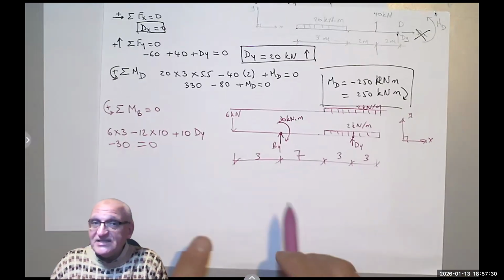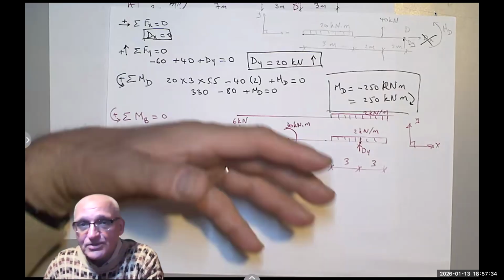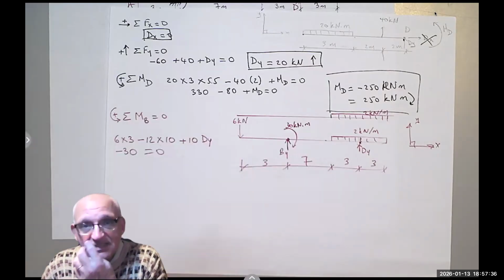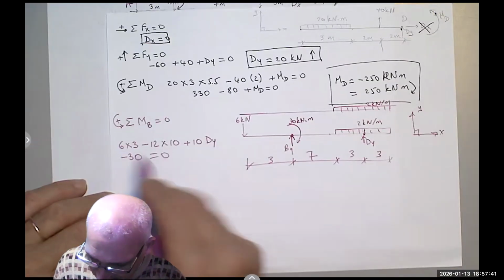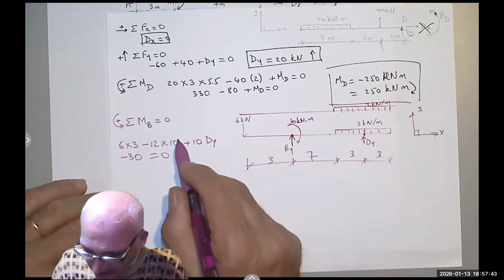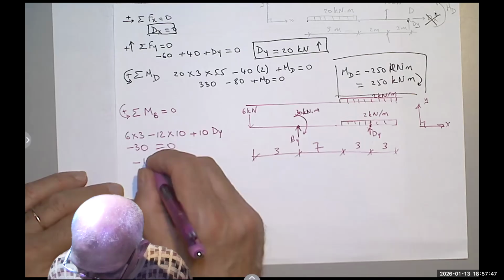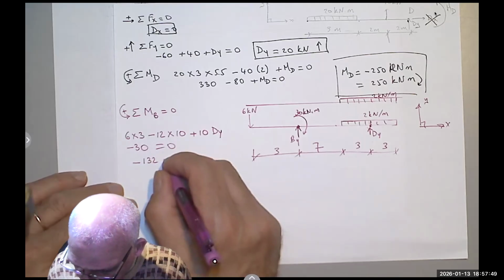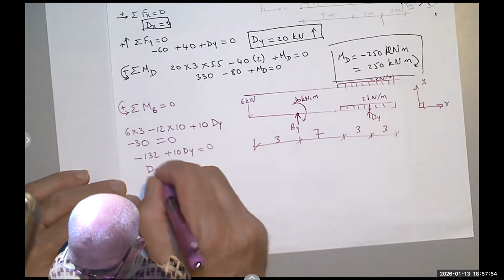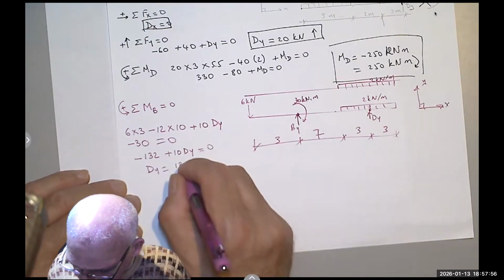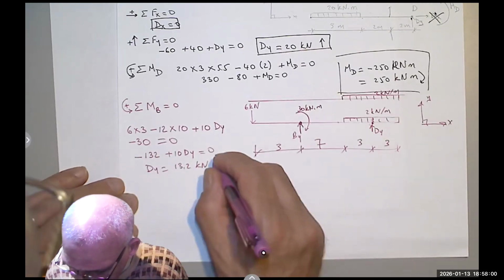Notice here, I'm not drawing a bending moment diagram. I'm looking at the direction of rotation. So for the purpose of calculating reactions, that's a negative moment. So this is negative 150 plus 18 is negative 132, plus 10 Dy equals 0, Dy equals 13.2 kilonewton, and it's positive because I'm moving it to the right, meaning it's going up.